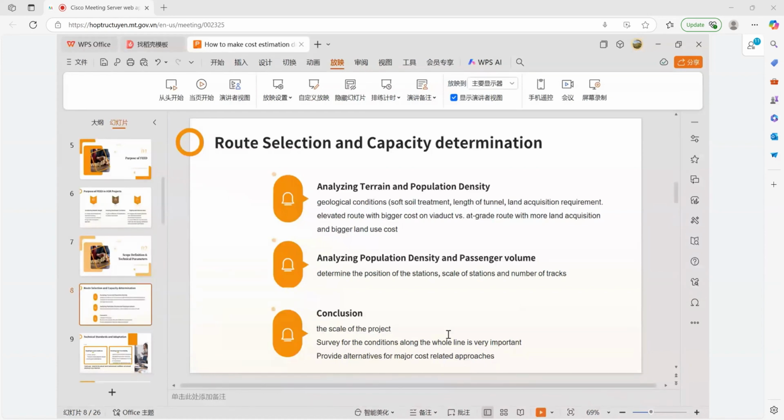And we also need to analyze the population density and the passenger volume to determine the position of the stations, the scale of stations, and the number of tracks. So for this part, we come to the conclusion that the survey of the conditions along the whole line is very important.